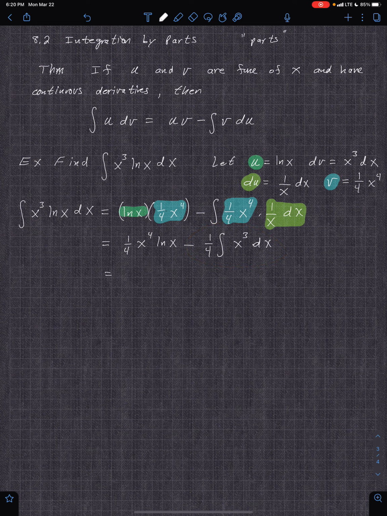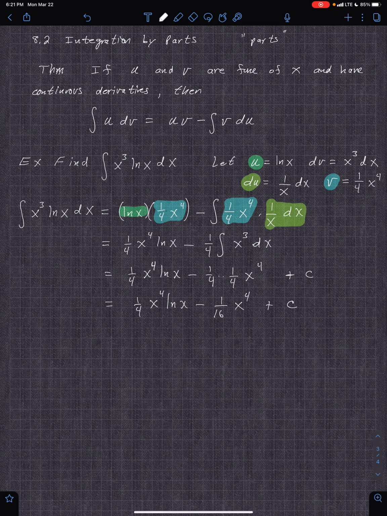So we get equal to 1/4 x to the 4th ln x minus, and then you add 1 and divide, so that'll be a 1/4 times 1 over 4 x to the 4th, and then plus c, of course. So you end up with 1/16. So it's equal to 1/4 x to the 4th ln x minus 1/16 x to the 4th plus c.